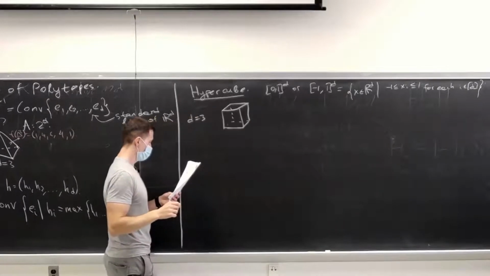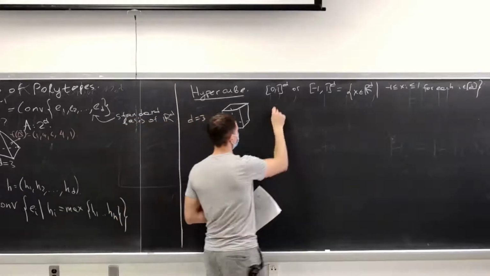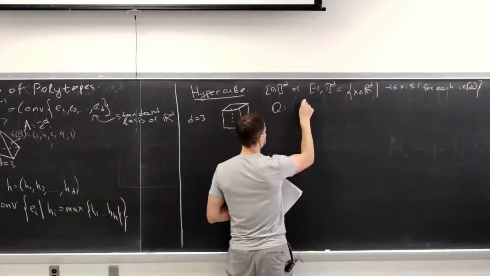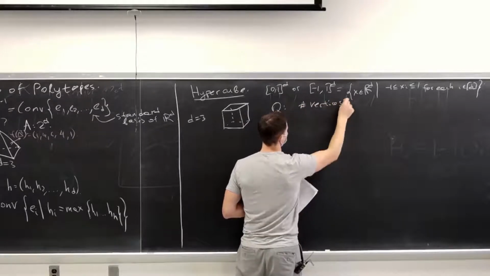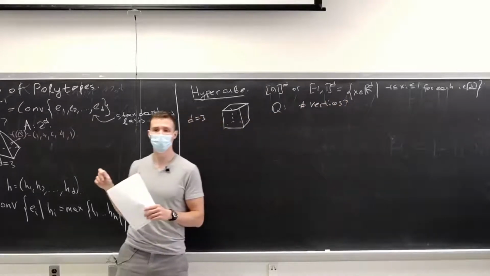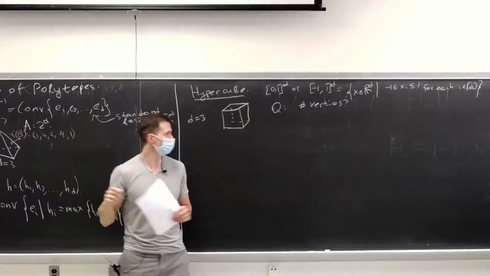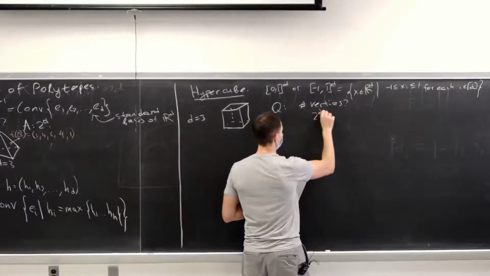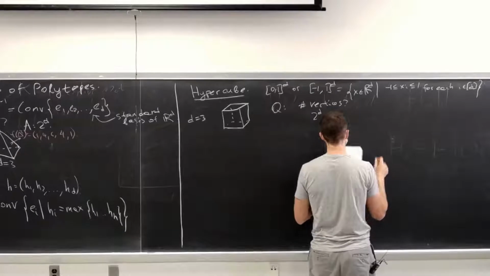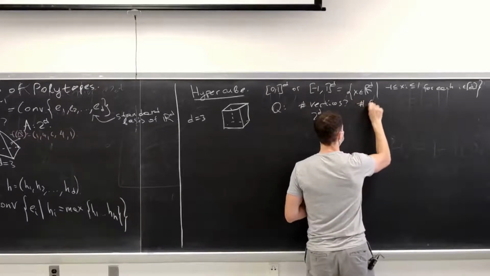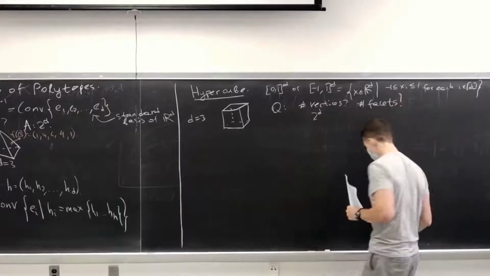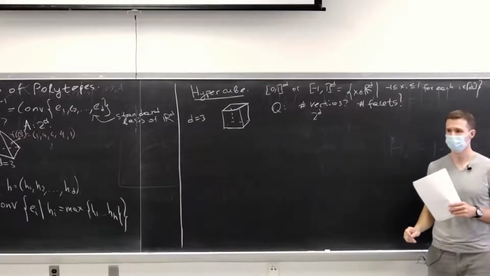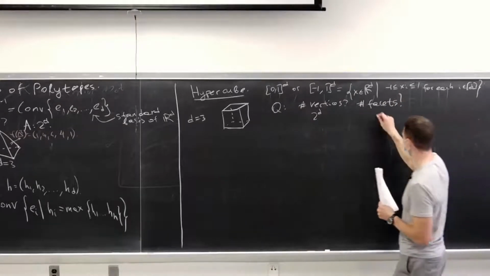Okay, so what is the number of vertices? Yeah, 2 to the d. Okay. What is the number of, let's say, facets? 2d. Okay.